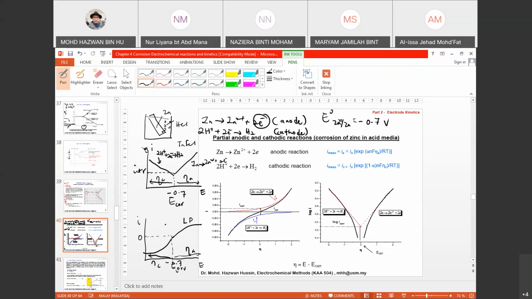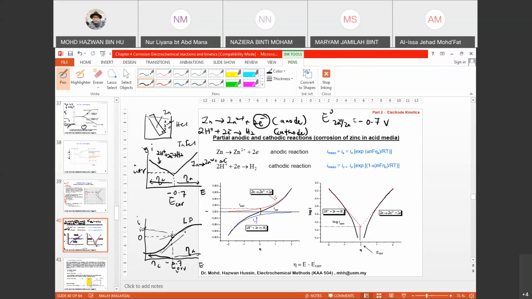So where will the Icorr be? Of course, if you take the tangent, this will be the difference, and this will be your Icorr.